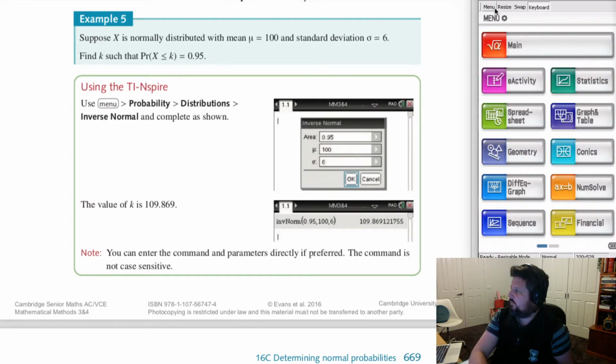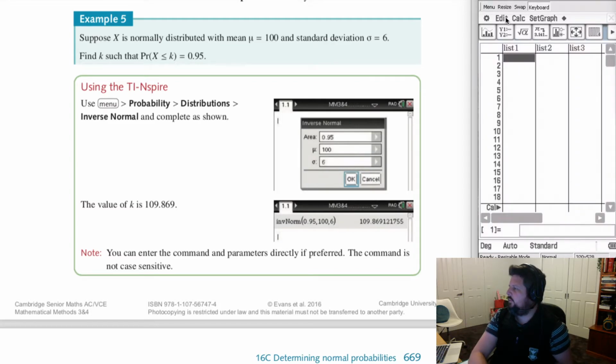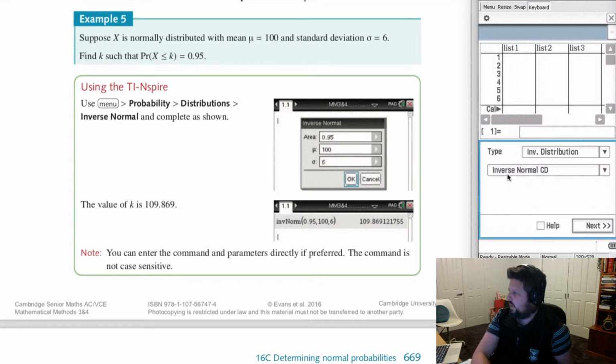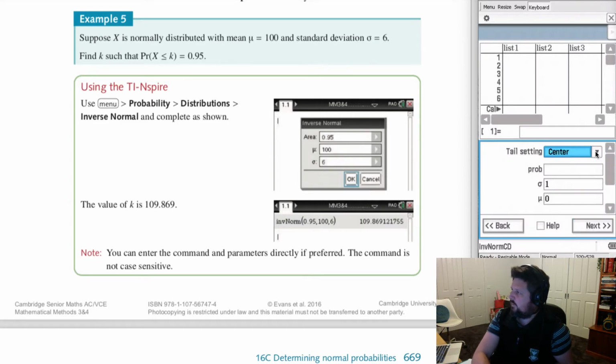The nice thing about the statistics way is it'll give you the answer, but you can also see the graph of it. So we're going to calculate, inverse distribution, inverse normal CD there. I'm going to go next. Make sure the tail is left. Probability was 0.95. The standard deviation was 6, and the mean was 100.